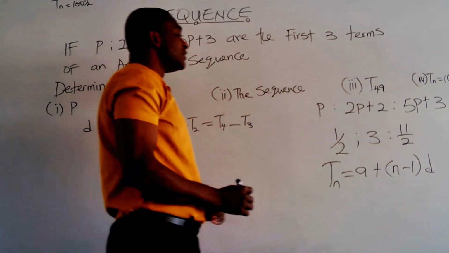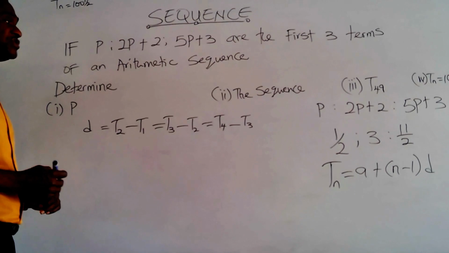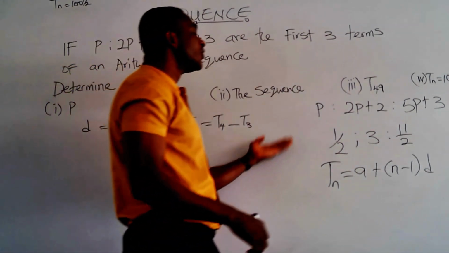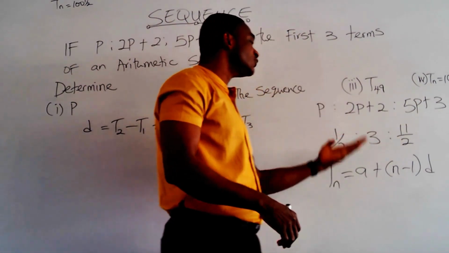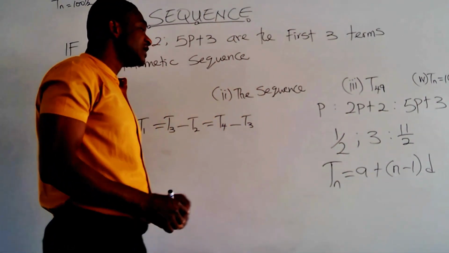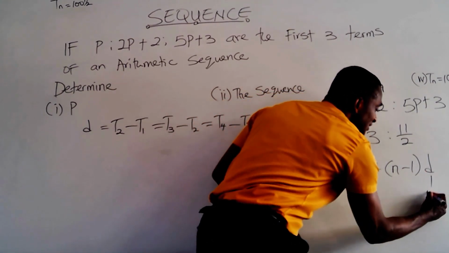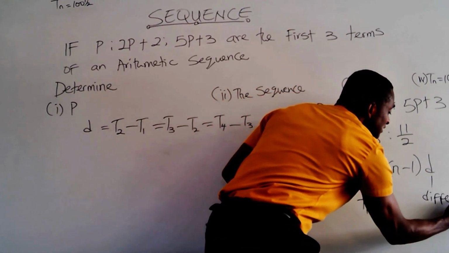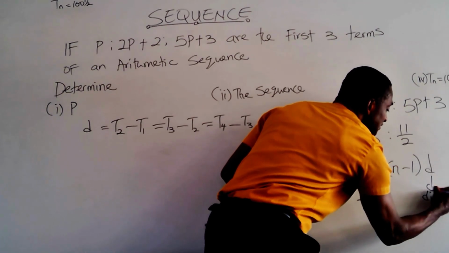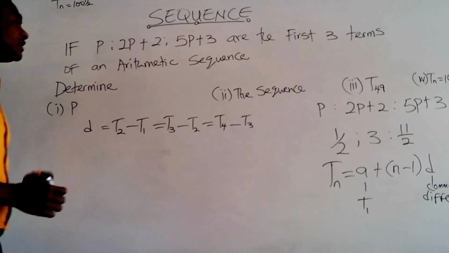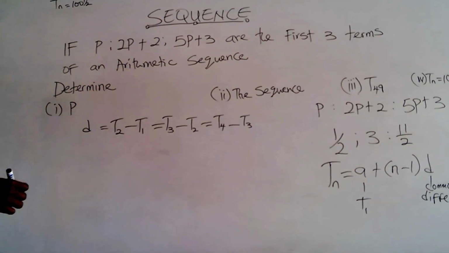This is the general formula for figuring out the general term. Someone will say, let's go and count on and count on, but it works faster to use the general term, where a represents our term 1 and d represents our common difference. So we will use this formula.